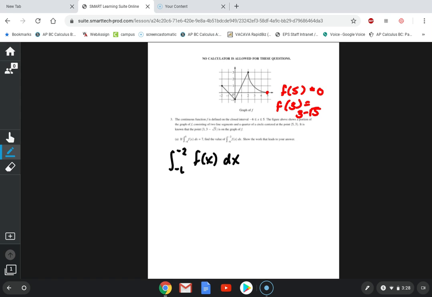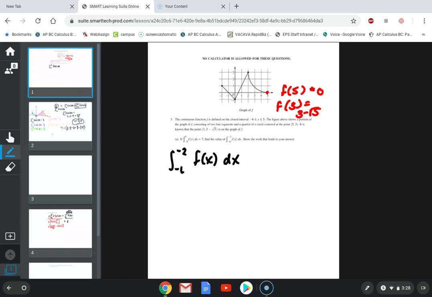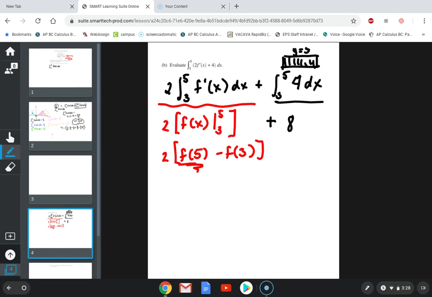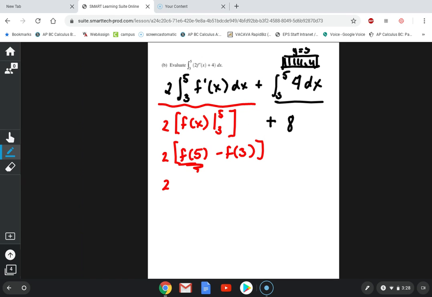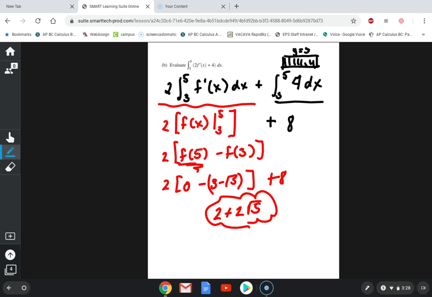So going back to where I was working here, I have 2 times f at 5, which is 0, minus f at 3, which is 3 minus the square root of 5. And then I have my plus 8. So simplifying that, I'm at 2 plus 2 square root of 5. So evaluate the integral. My integral is going to evaluate to be 2 plus 2 square root of 5.